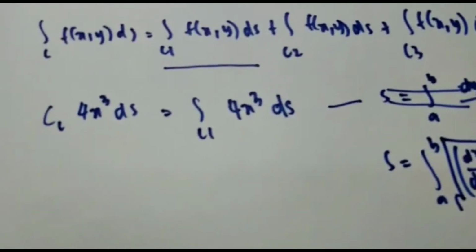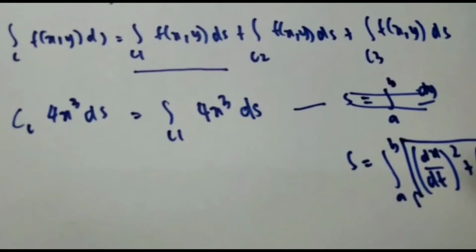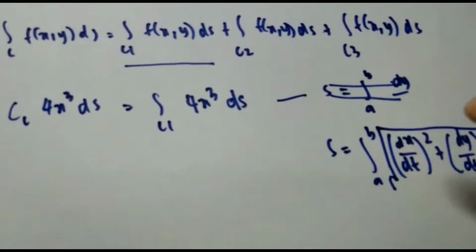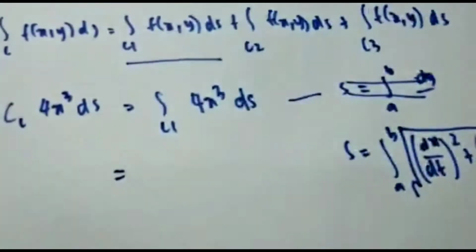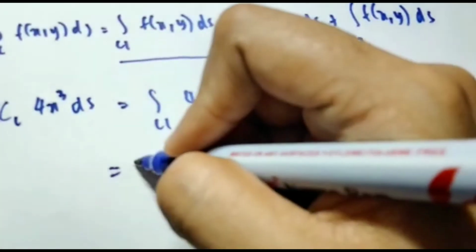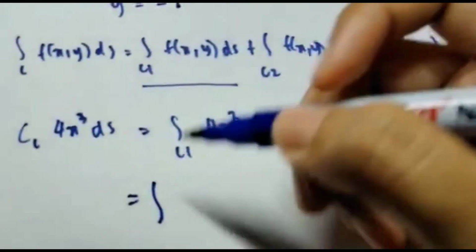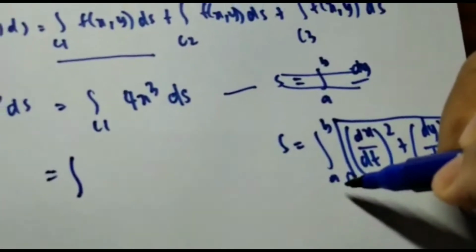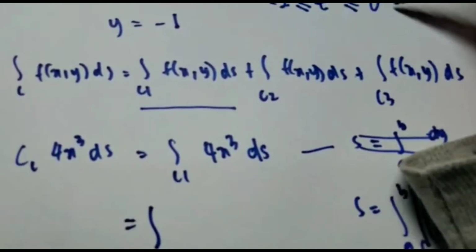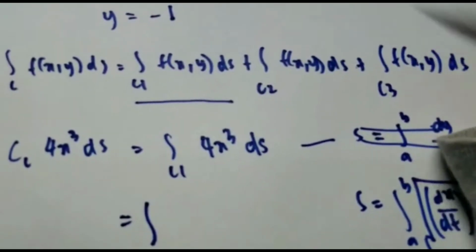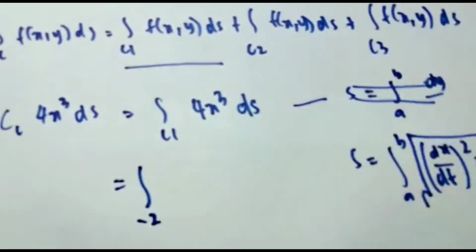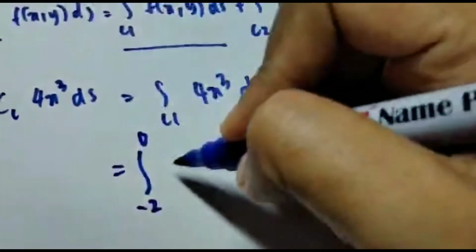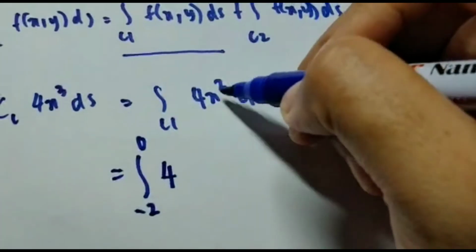Then we apply this formula. We will use this range of parameterization, from -2 to 0.